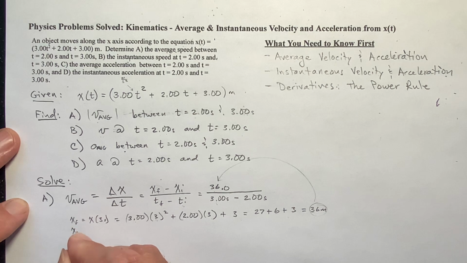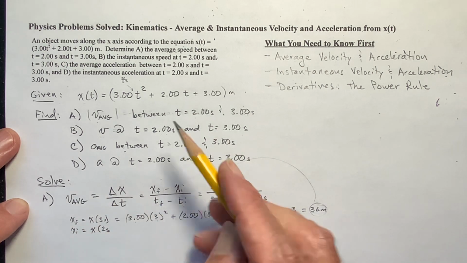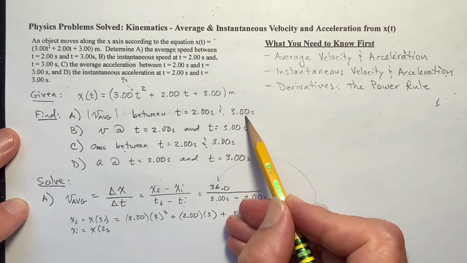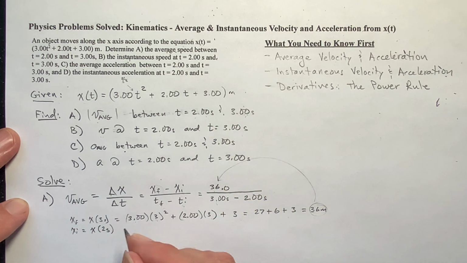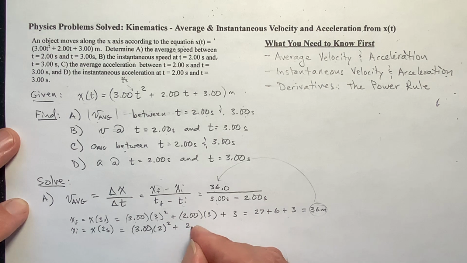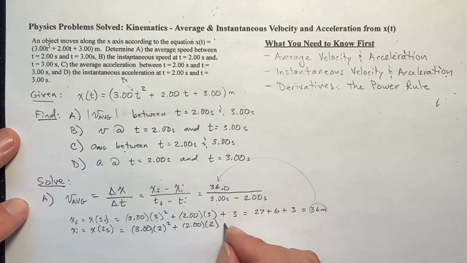Now, x initial is the position at 2 seconds, right? Because we started at 2 and we went over to 3. So this is my initial time. So that's going to be 3.00, and now we just plug in 2 squared plus 2.00 times 2 seconds plus the 3 meters that we started with.